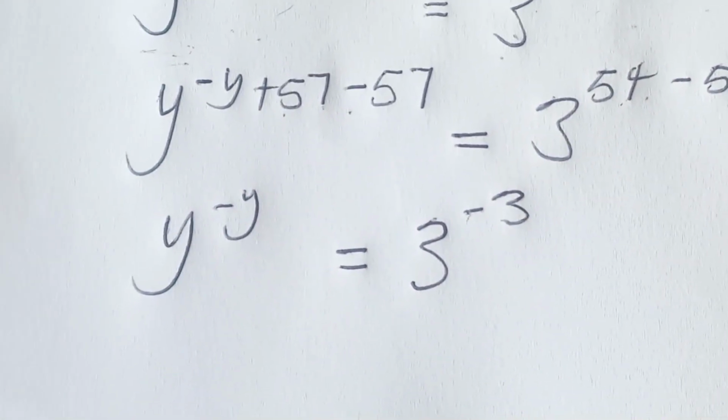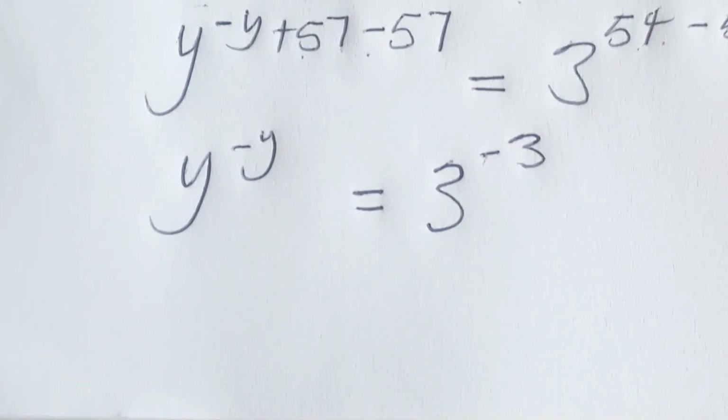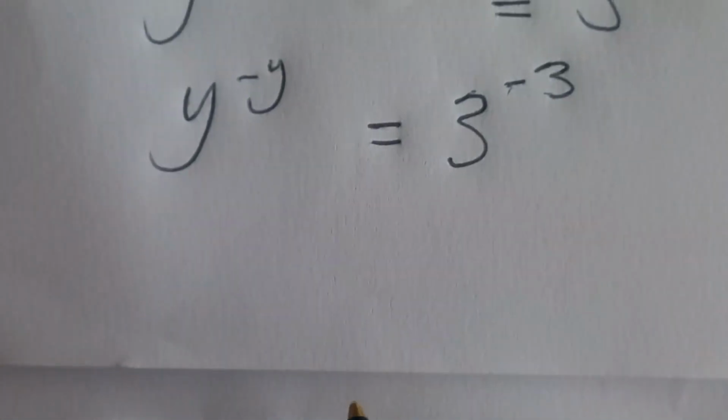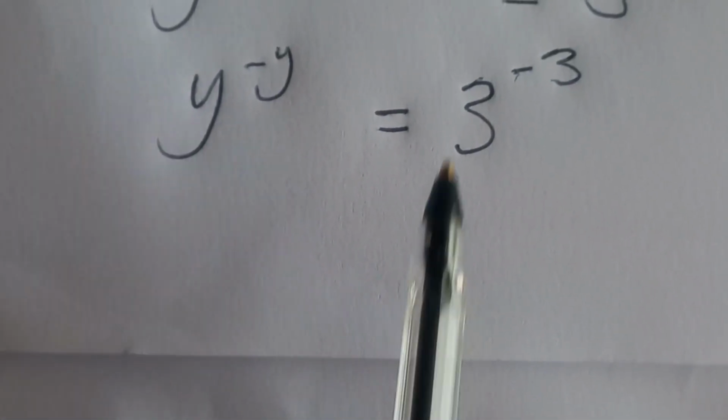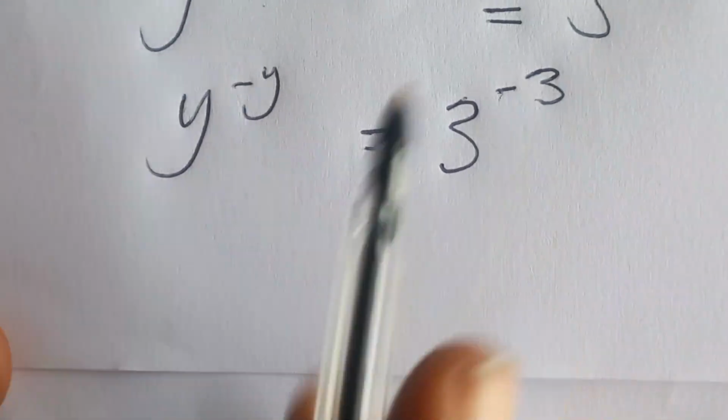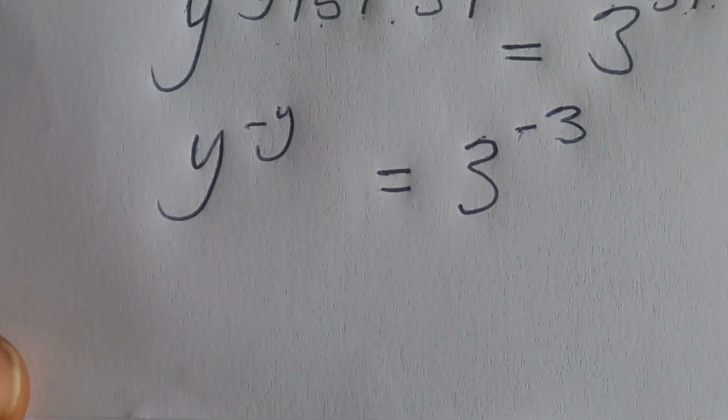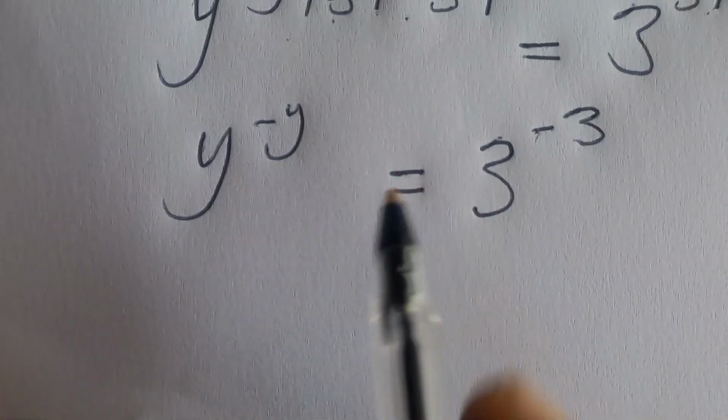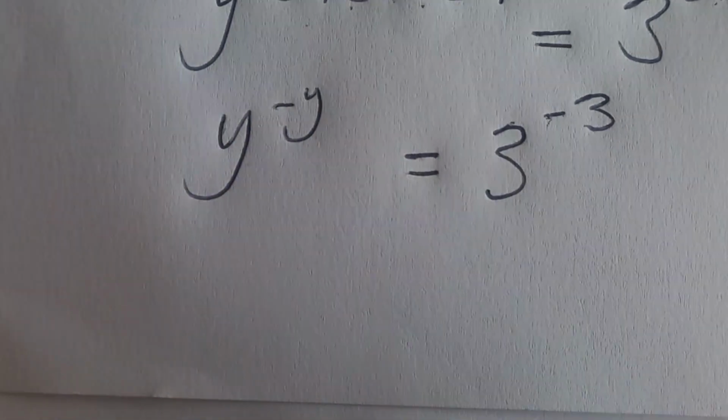Bear in mind we are looking for the positive value of y. So we need to make this negative y become positive. By doing so, we need to multiply both exponents by -1.